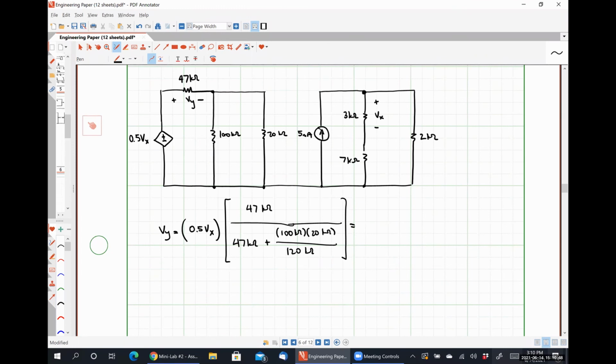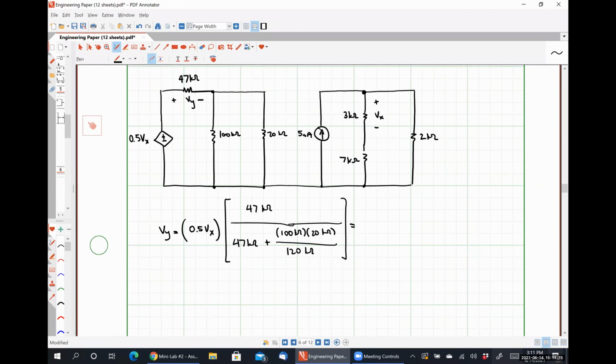Give me just a second. Let's see, 47 divided by 47 plus 100 times 20 over 100 plus 20. All of this is multiplied by 0.5.